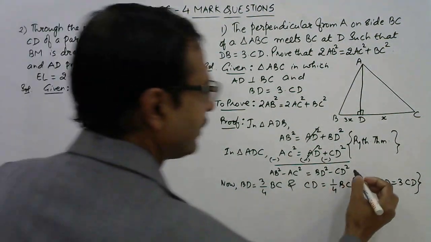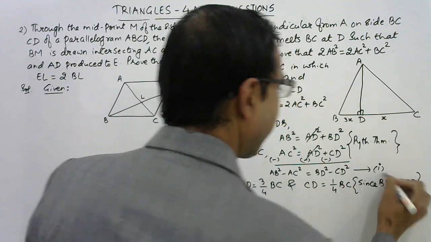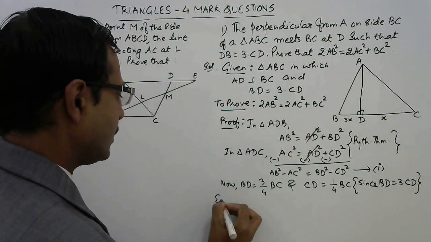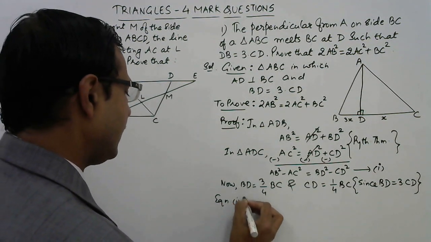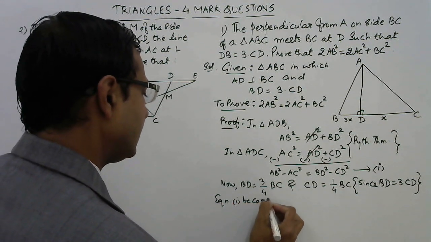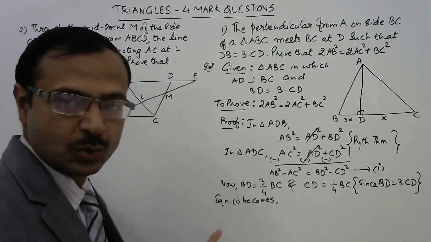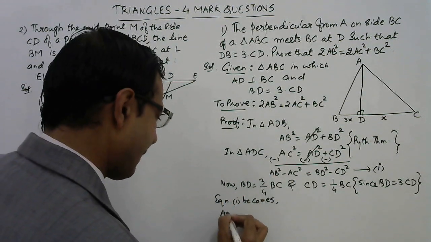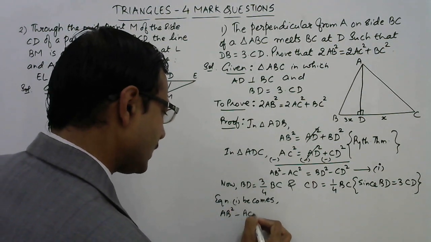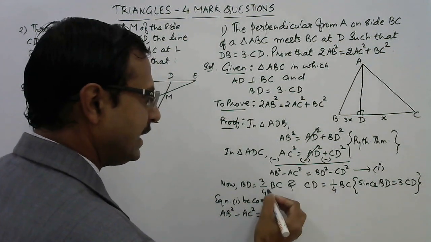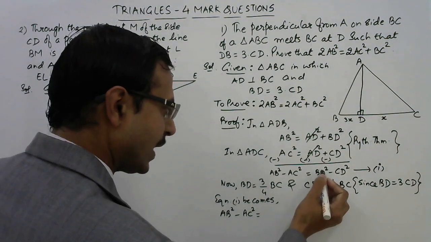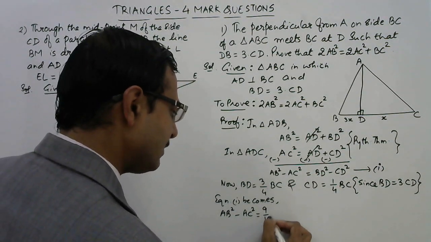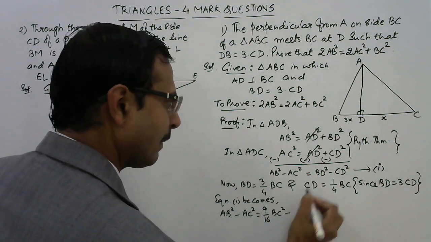So now first equation becomes, so equation 1 becomes, now I'll substitute the values of BD and CD here. AB square minus AC square equal to BD square. BD is 3/4 of BC. So if you square that up, this is 9/16 BC square minus CD square.